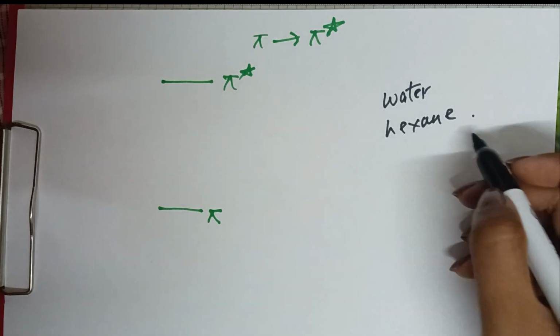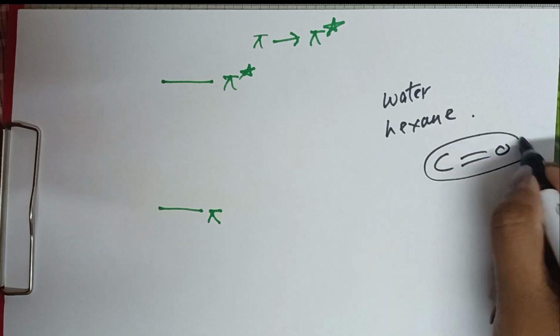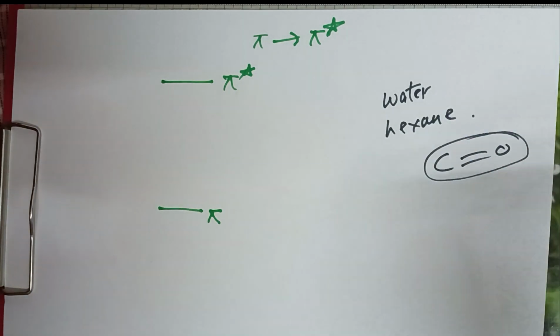Now in that compound we had the carbonyl bond, right? We had that carbonyl bond. Now we take up the ground state and the excited state here. We consider the ground state and excited state.